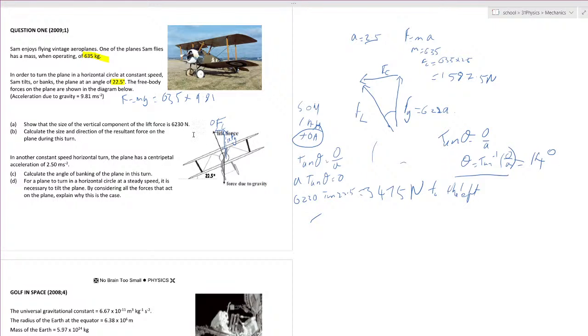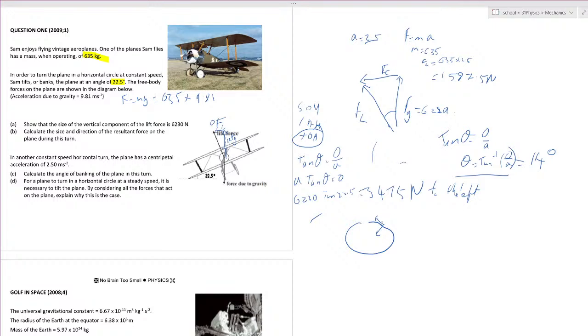If we look downwards on the plane, the plane is going around in a circle like that. The centripetal force has to act at a 90-degree angle to the plane's velocity. The propellers are just pulling the plane forward, so the plane is just going forwards the whole time.